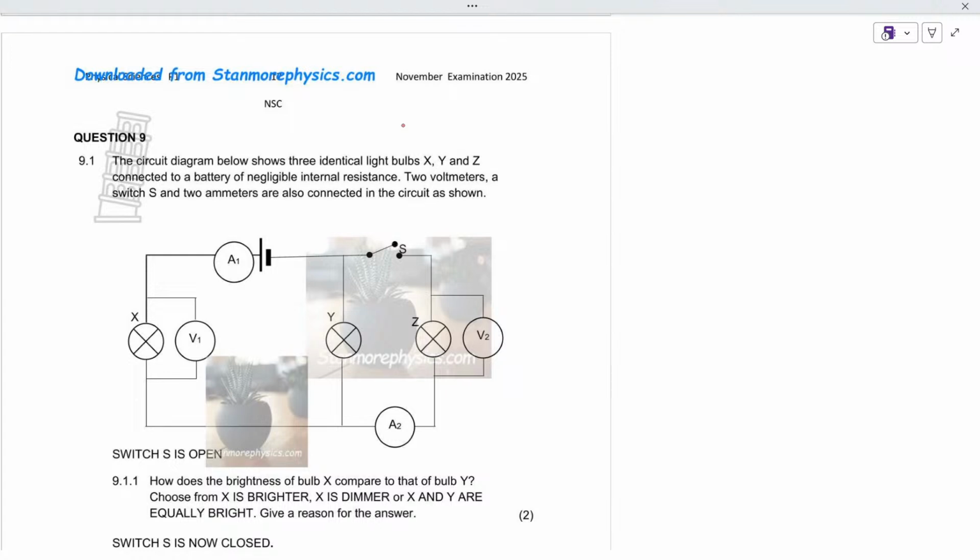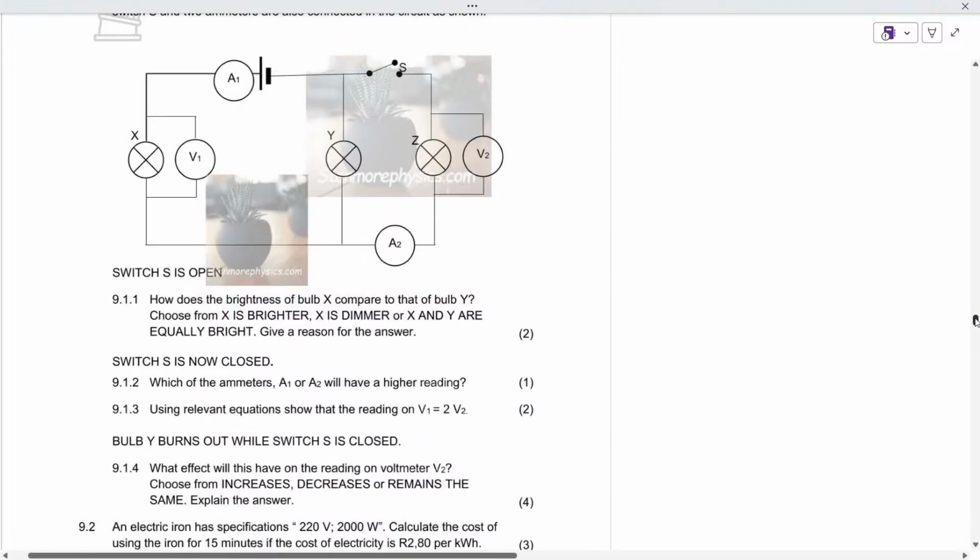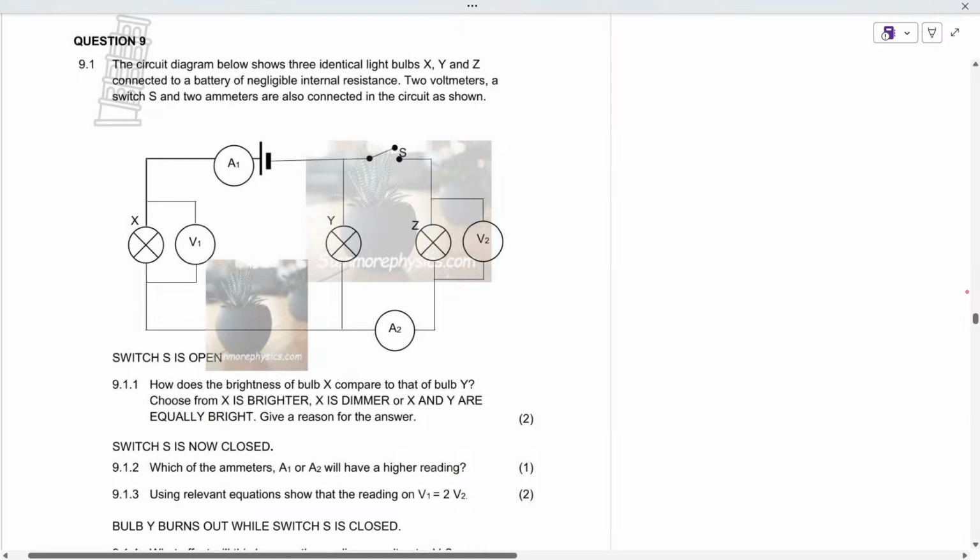Okay, let's check the information more closely. The circuit diagram shows three identical bulbs connected to a battery of negligible internal resistance. The two voltmeters, a switch, and two ammeters are connected in this, and switch S is open.